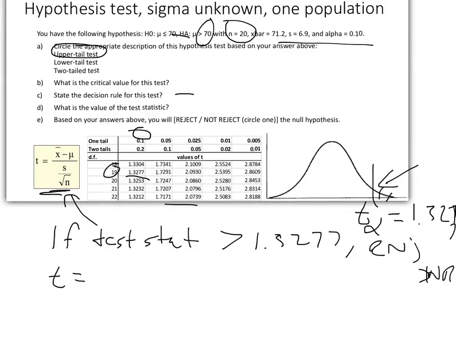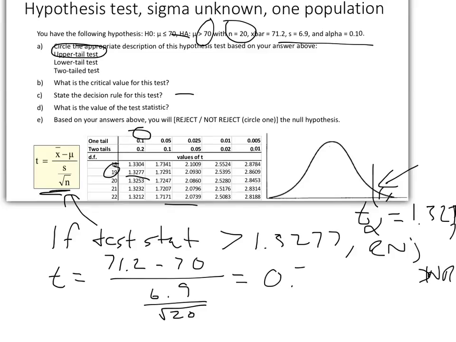So our test stat is going to be 71.2 minus 70 over S, which was 6.9, over the square root of N, and N was 20. So when we calculate that, we get 0.78. Alright, so 0.78.